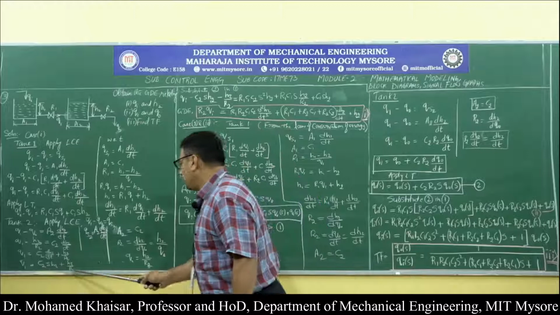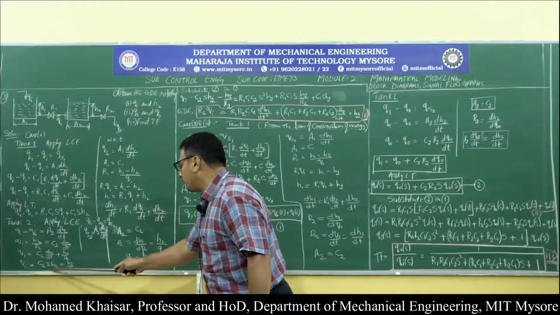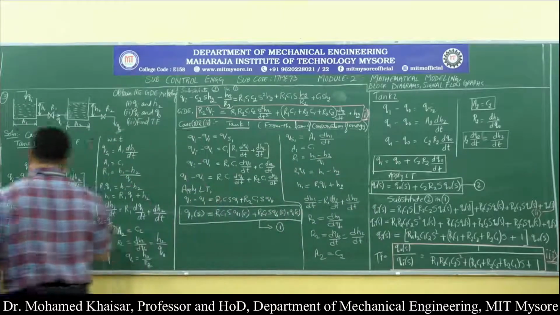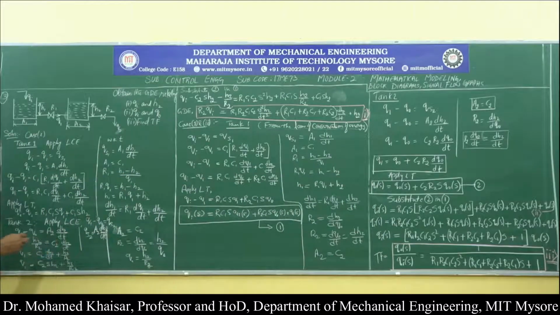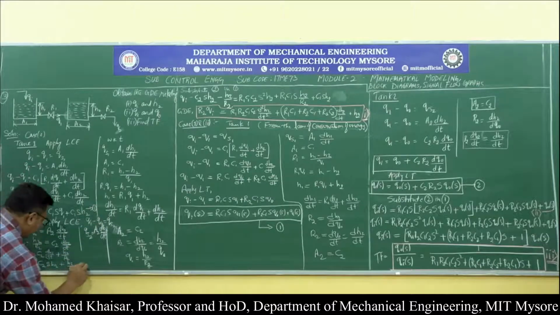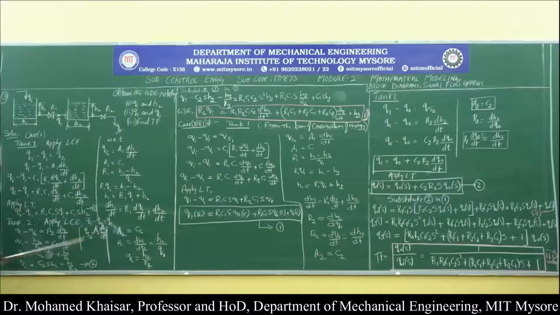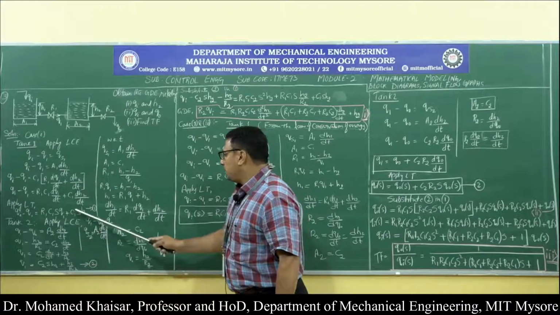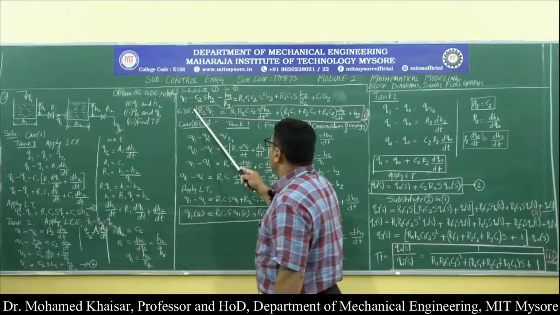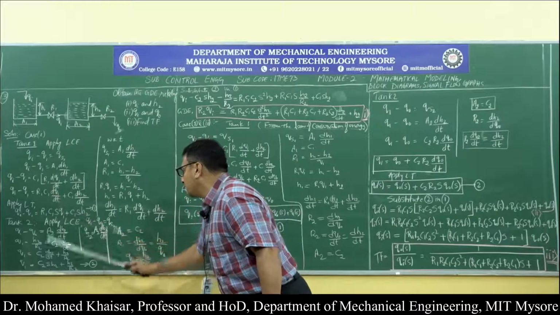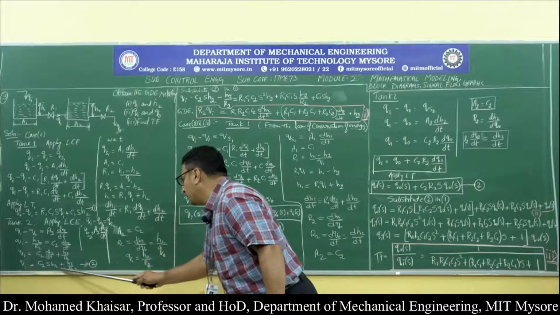So, if you substitute the value for Q1 from this equation into this equation, denote this as equation 1 and this as equation 2, then if you substitute equation 2 in equation 1, in place of Q1, see here there is Q1, here there is Q1, you can write all these terminologies.